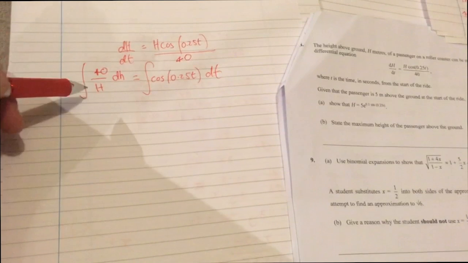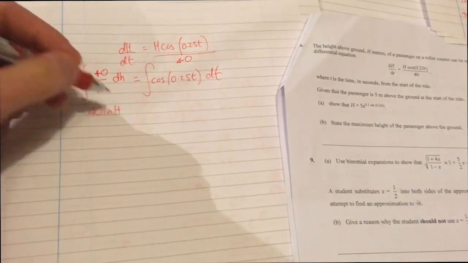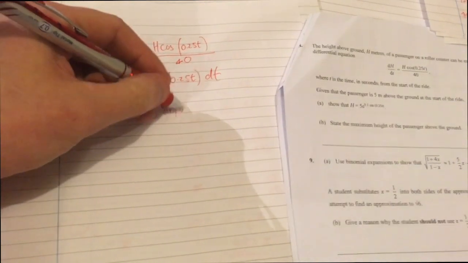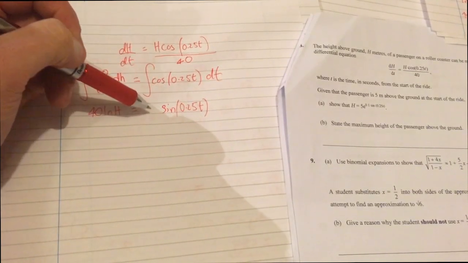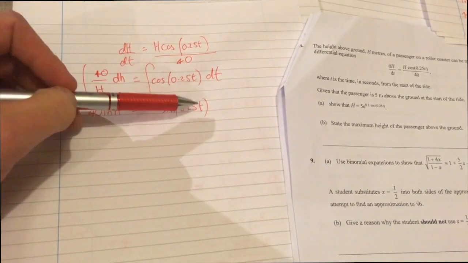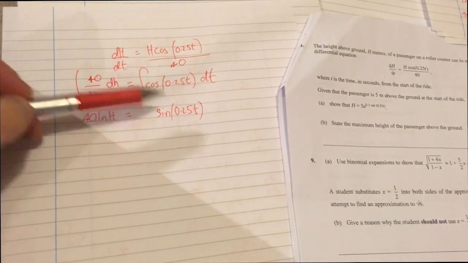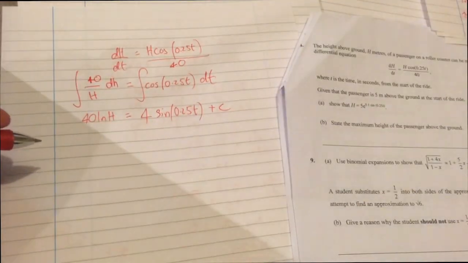So integrate both those sides. On this side we're going to get 40 ln h equaling cos integrates to give us sine 0.25t, and then use reverse chain rule to check what you get out the front. If you differentiate, you would get 0.25 out the front, which is a quarter. We don't want a quarter, so we need to times our answer by 4 and put plus c.